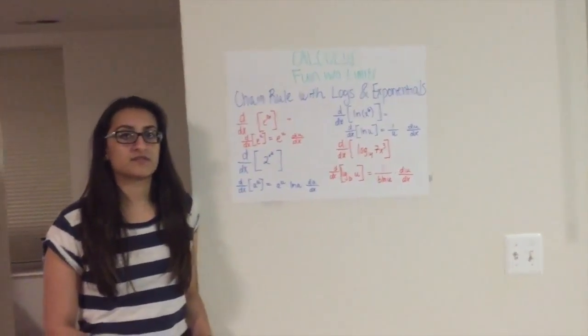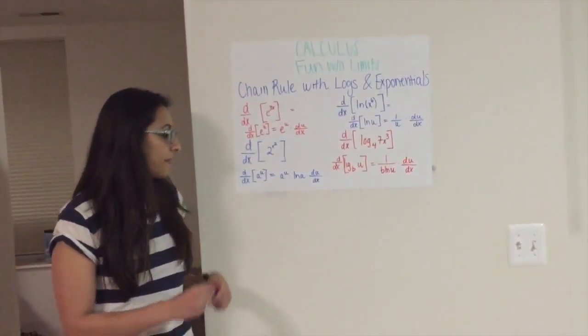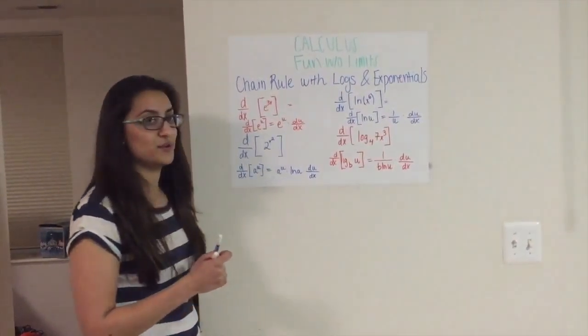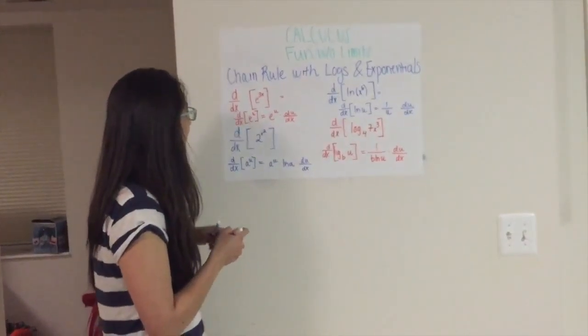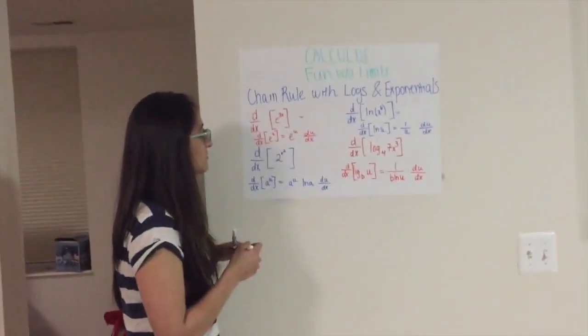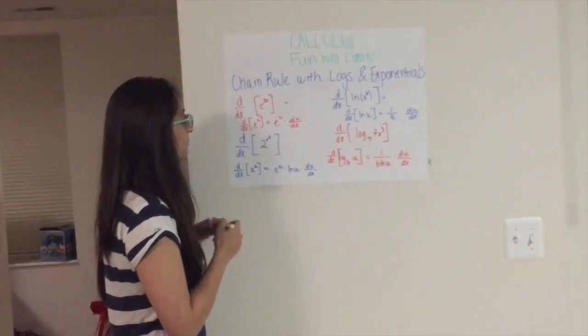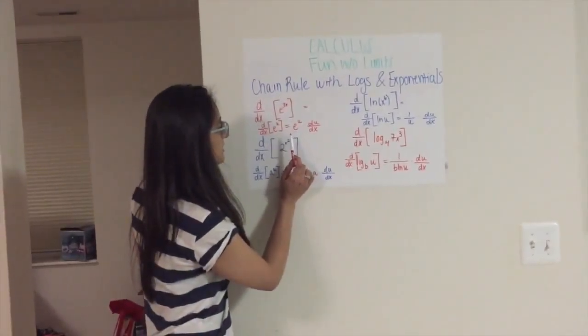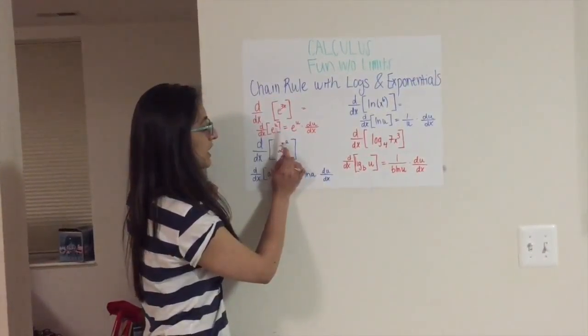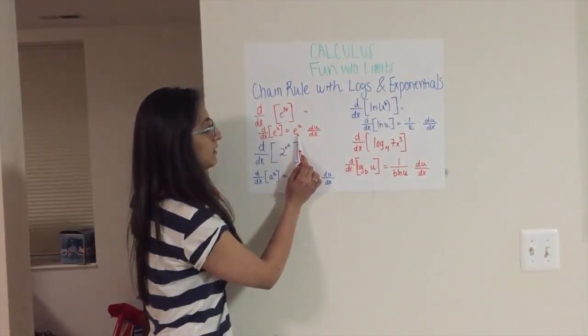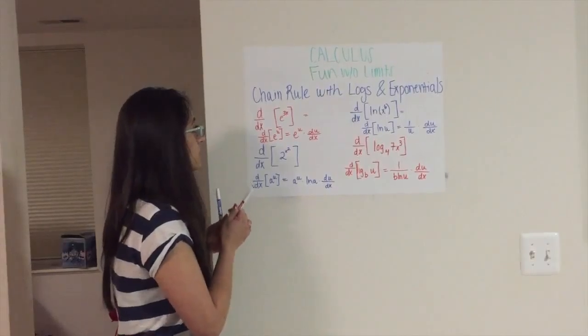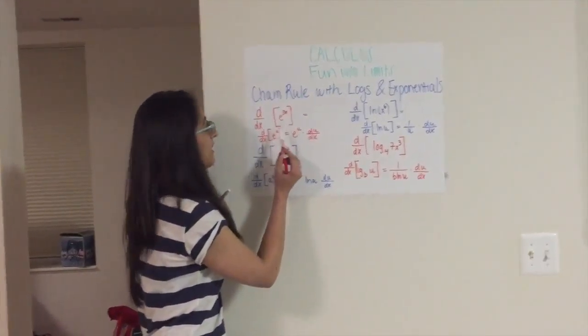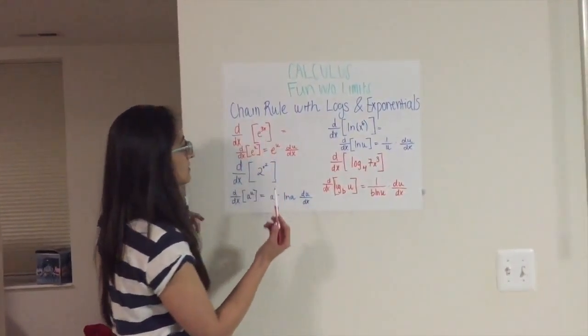Let's look at some examples of chain rule with logs and exponentials. Let's begin with e to the u, which is my personal favorite. The derivative of e to the u, as we discussed earlier, is e to the u, but we have chain rule present here. So we're going to have to take the derivative of u as well and multiply it by e to the u. So let's look at this example right here. We have the derivative of e to the 3x.